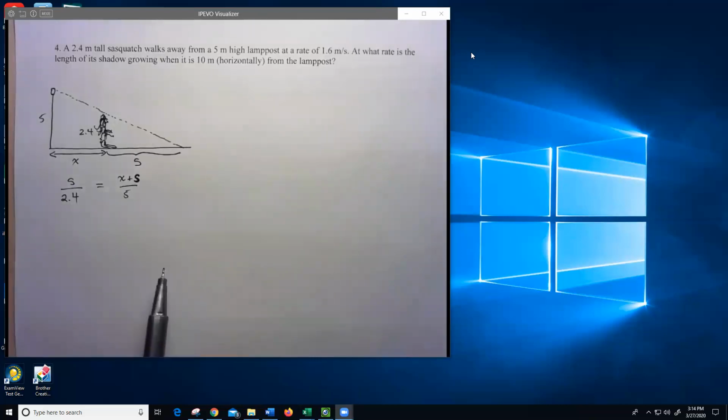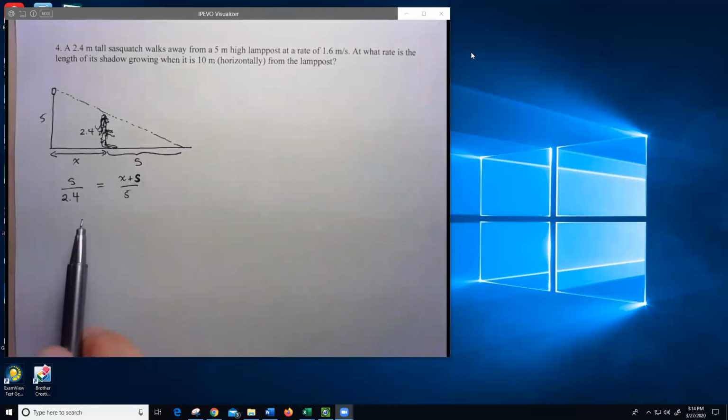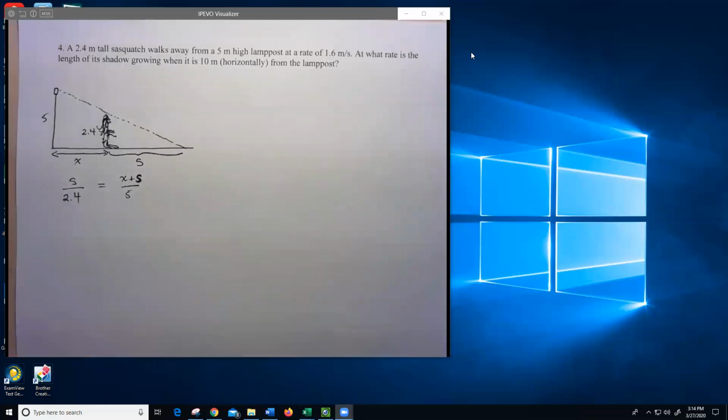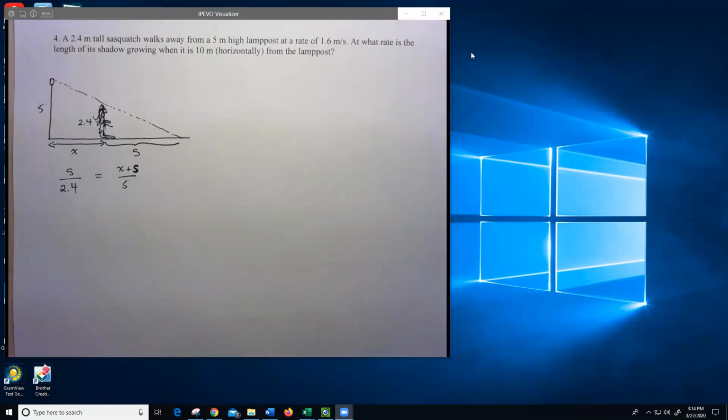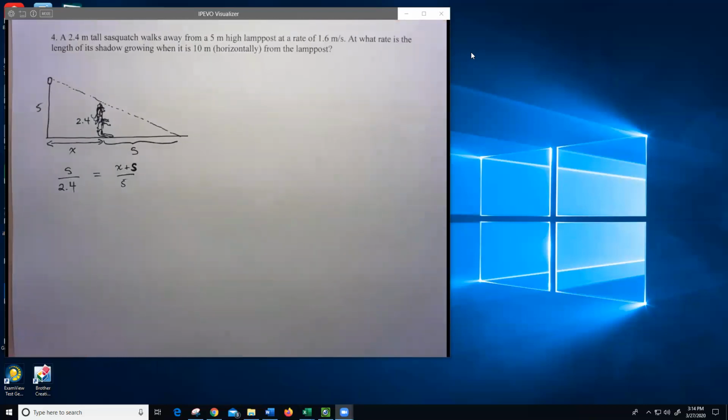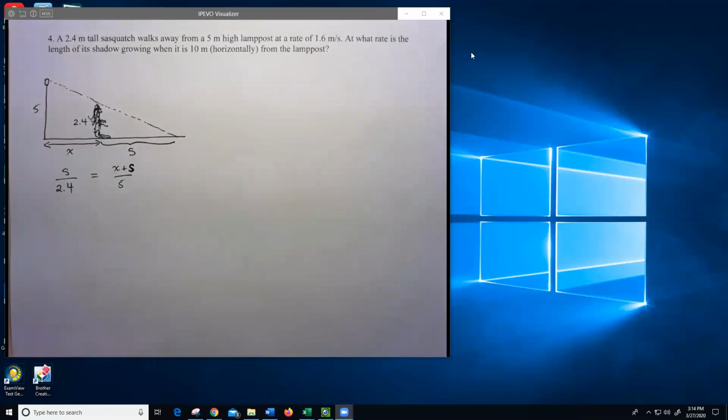But look what I have now. I now have a relationship between s and x. What's the next step? There you go. I'm going to differentiate both sides with respect to, and again, what am I interested in? I'm interested in the derivative with respect to t.